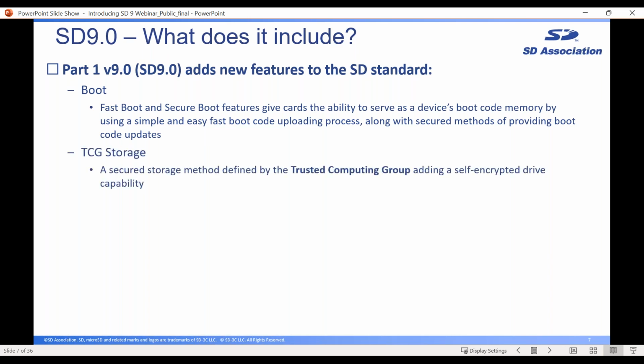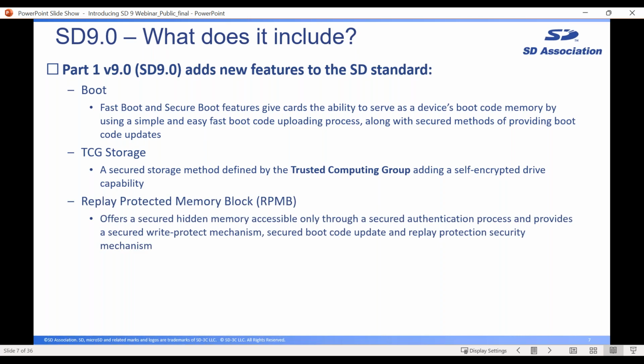TCG storage. Maybe some of you know that it came from the Trusted Computing Group, a secured storage method defined by the Trusted Computing Group, adding the self-encrypted drive capability. This is the main application that is usually used with that.